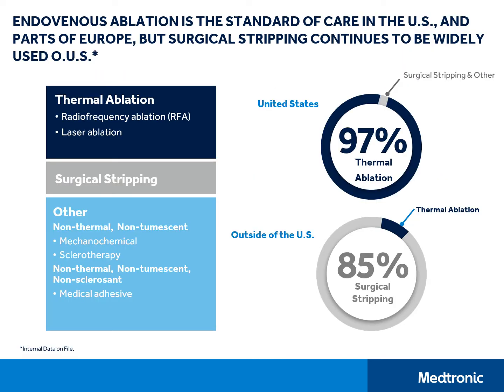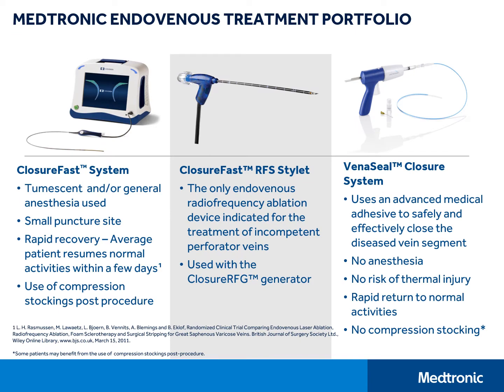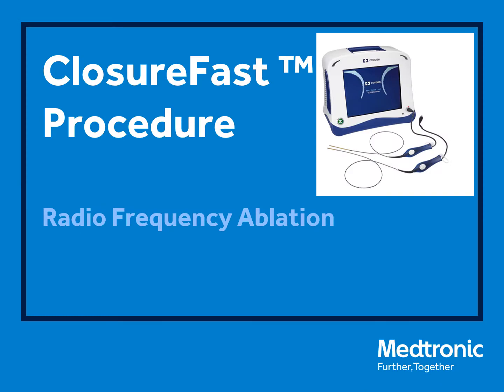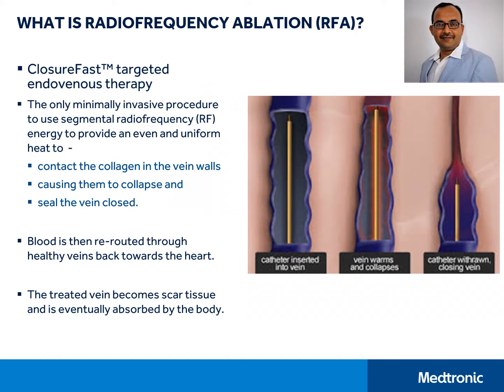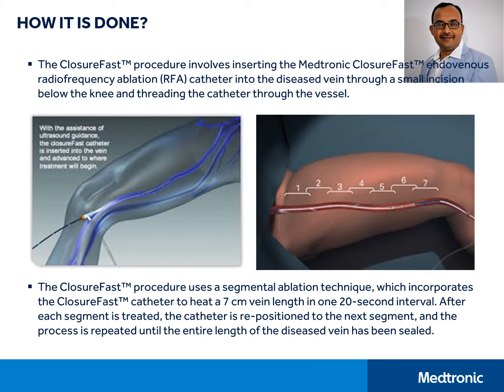So there is the ClosureFast device by Medtronic, and this is how the system looks. Basically, the ClosureFast catheter has a 7 centimeter long heating element, and it produces heat.